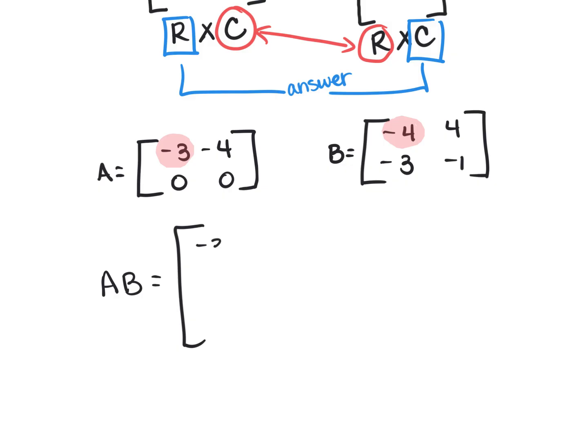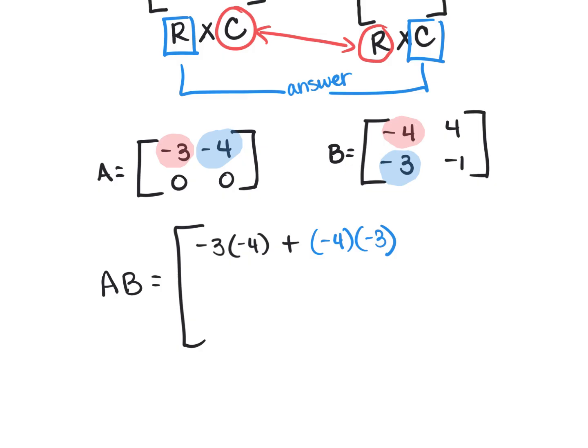So I have negative 3 times negative 4. And then we're going to add, and I move in two directions. I slide one to the right, and I move down. So now I've got negative 4 times negative 3. I'll do that in blue so you can see the difference.